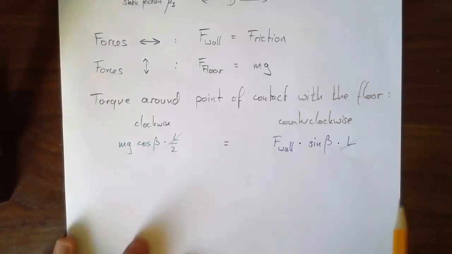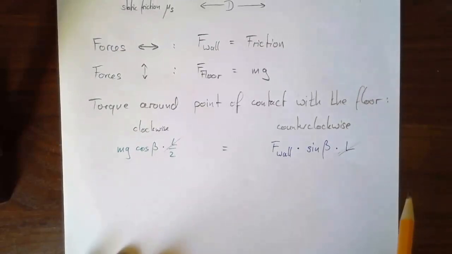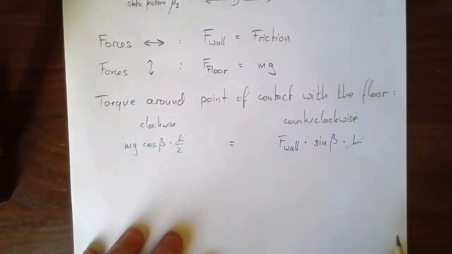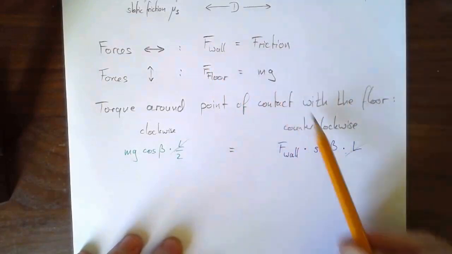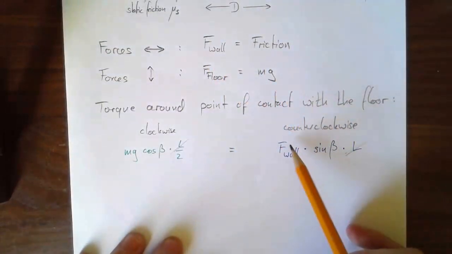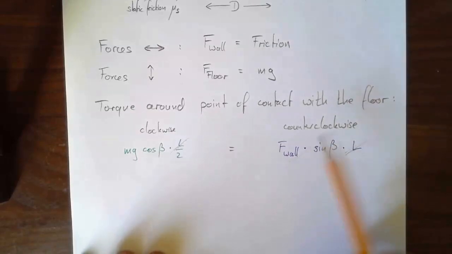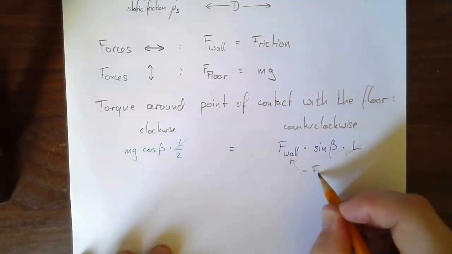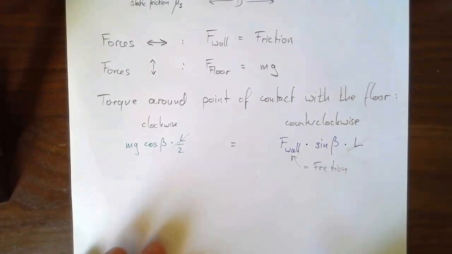Well, what do I know, what do I not know? Let me just rearrange this a little bit. I've got the force on the wall, I don't know what it is, but I know it's equal to friction, so I can replace this by friction, which I know from up there.